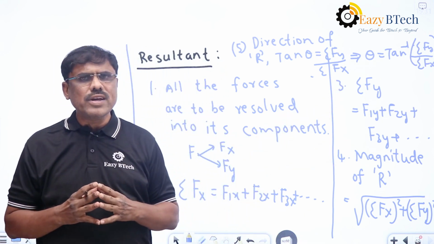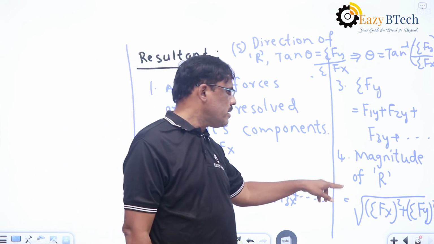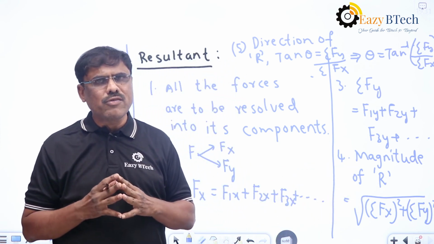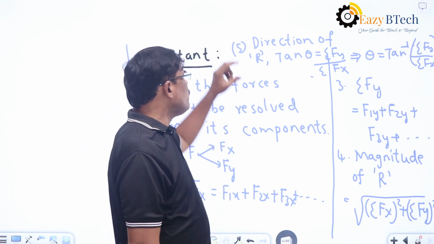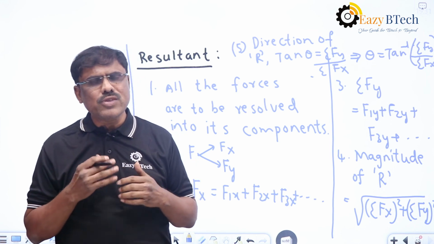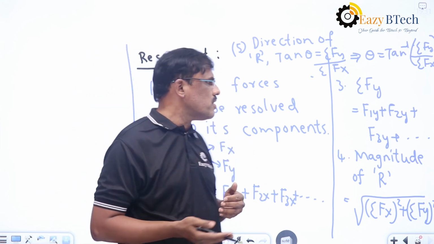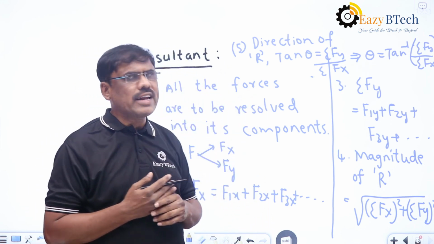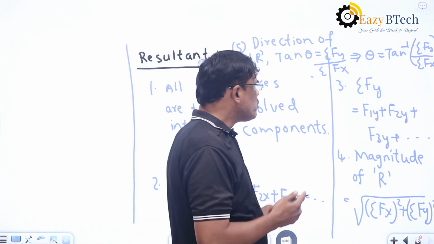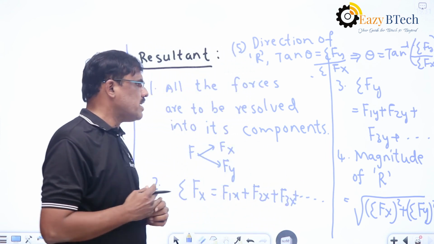The magnitude of the resultant can be calculated by R is equal to root over sigma Fx square plus sigma Fy square. Then we can find the direction of the resultant. Tan theta is equal to sigma Fy by sigma Fx, so theta is equal to tan inverse of sigma Fy by sigma Fx. This way we can find the resultant.